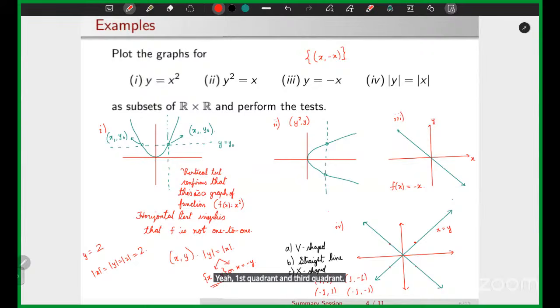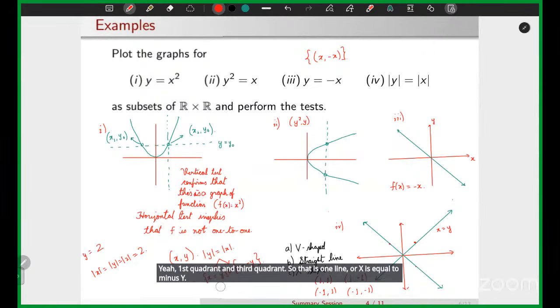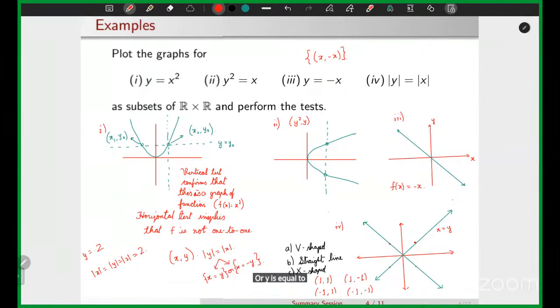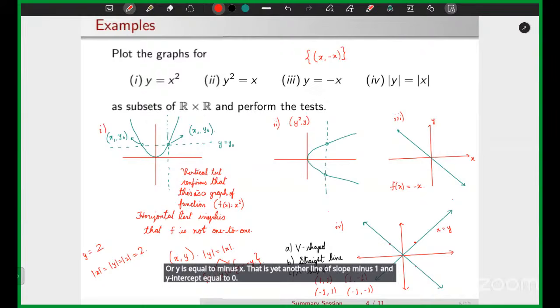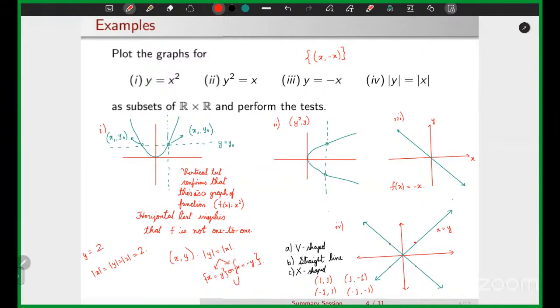So that is one line, or x is equal to minus y. What is x is equal to minus y? Or y is equal to minus x? That is yet another line of slope -1 and y-intercept equal to 0. So or means you have to take the union of the two sets, right?